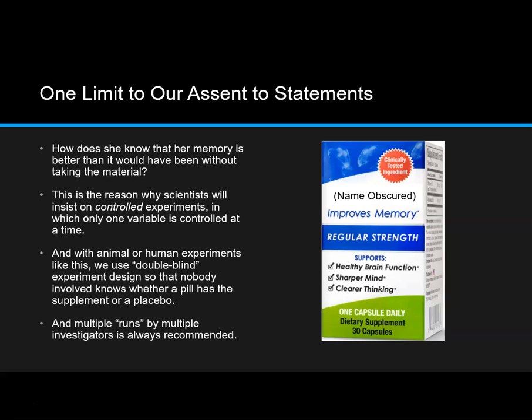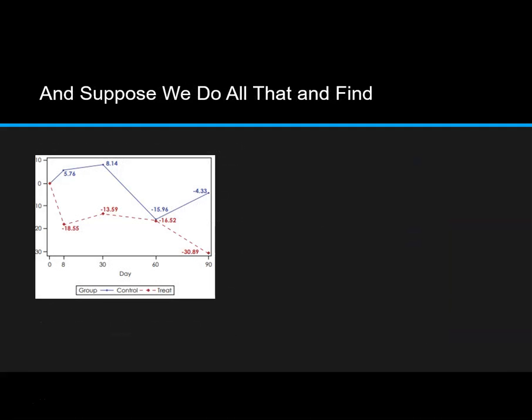And multiple runs, of course, by multiple investigators is always recommended. That's why getting a new vaccine on the market, for instance, seems so slow, and it ought to be. You ought to know that it's safe and effective, and you can't just test it with a few people or a few investigators. You have to do it a lot.